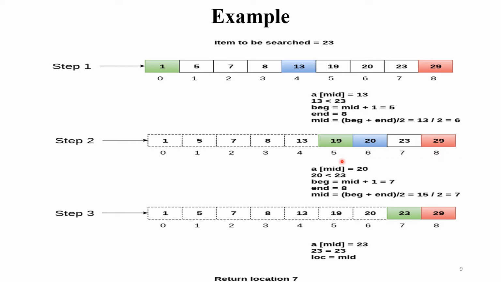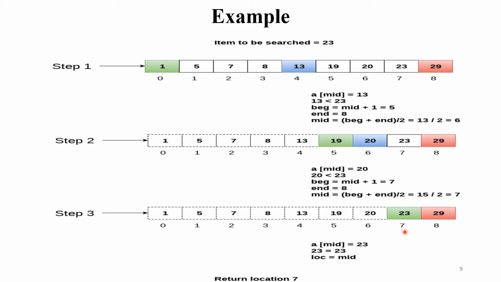Now we shift our beginning to the right side using beginning is equal to mid plus 1. Here mid is 6, so 6 plus 1 is 7. Now our beginning is 7 and our end is 8. So now we find the middle element in this array, the same way: beginning plus end divided by 2.